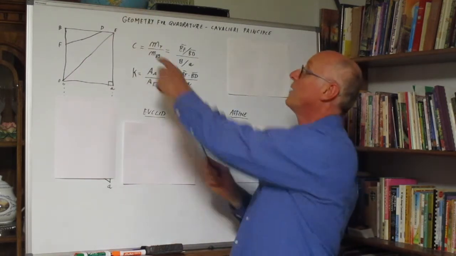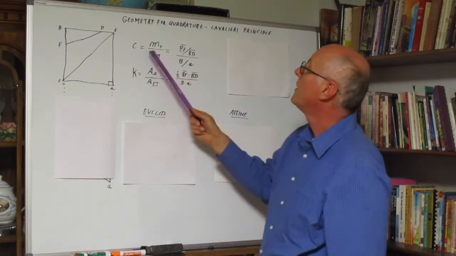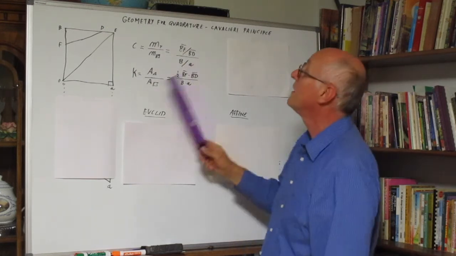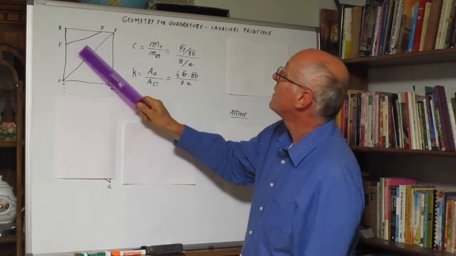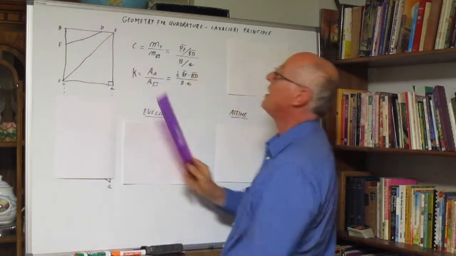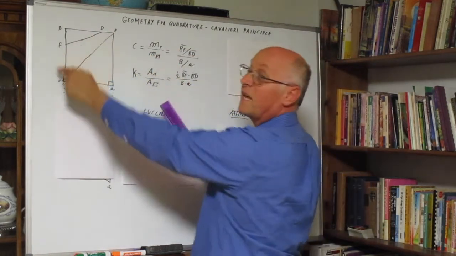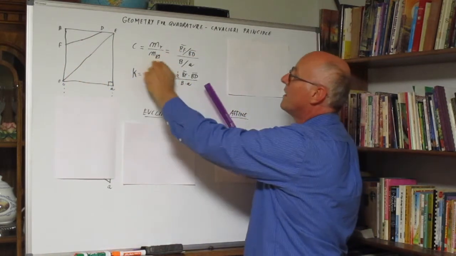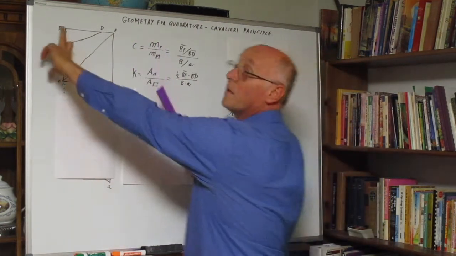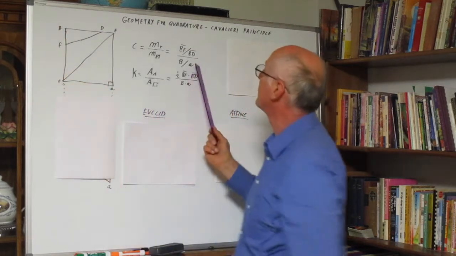And we say that's C, the ratio of slopes, MT over M diag. So what is that? Well, it's BF, which is your rise, over BD, which is your run. That's the slope of this line. And then the slope of the diagonal is simply B over A, rise over run.